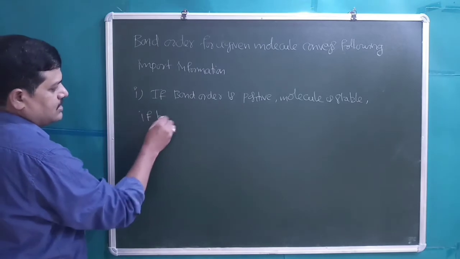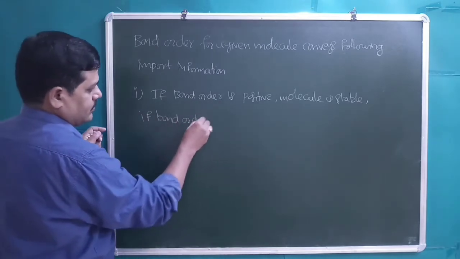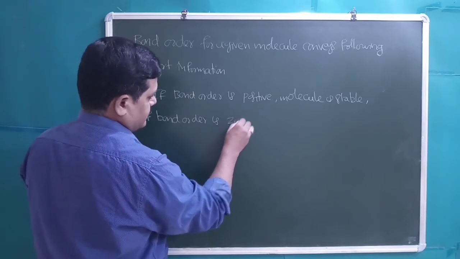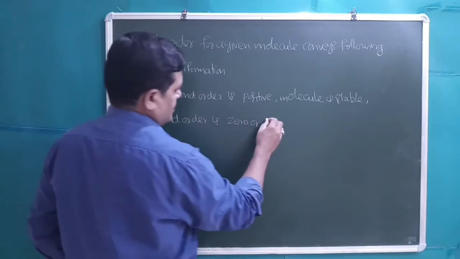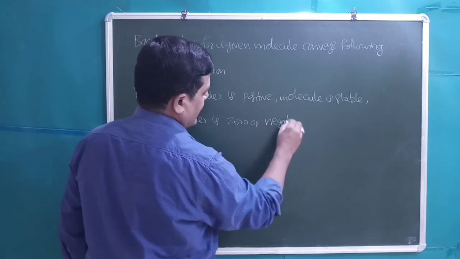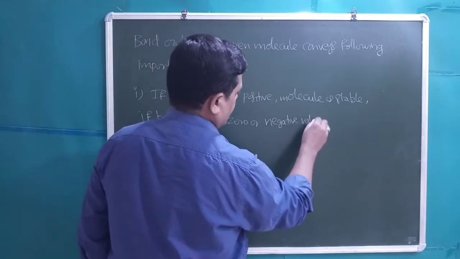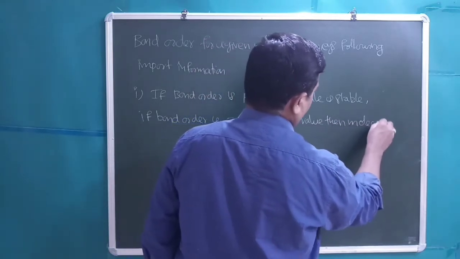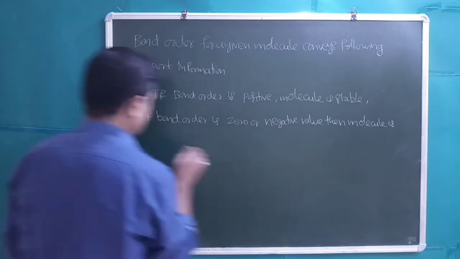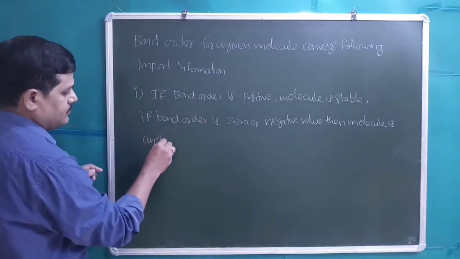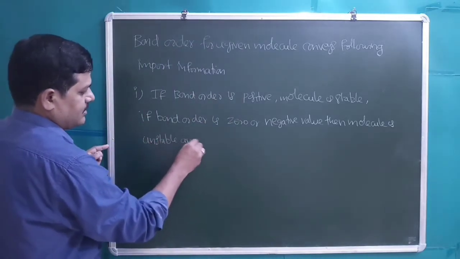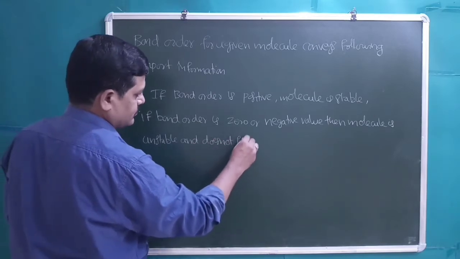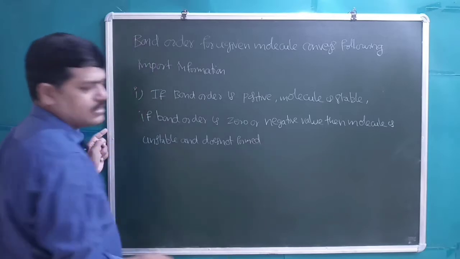If bond order is 0 or it is a negative value, then the molecule is unstable and does not form.